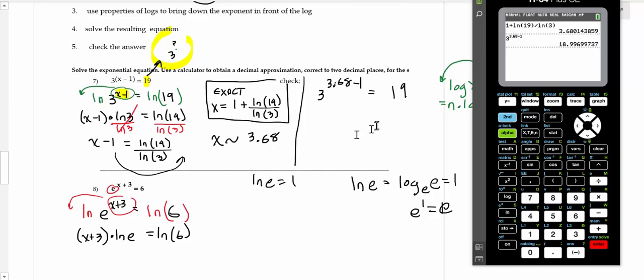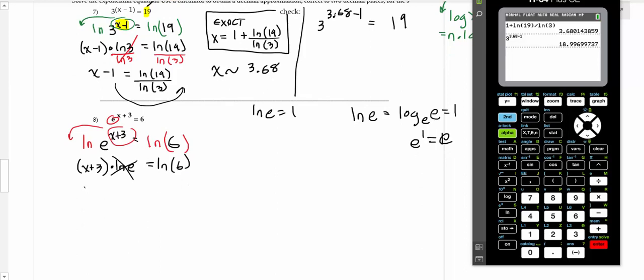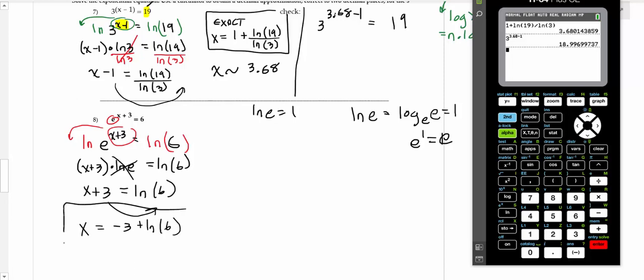You could even do it on your calculator. So I just ignored that because that's 1. So I get x plus 3 equals ln of 6. Then I can move the 3 to the other side to get x is negative 3 plus ln 6 as a final answer to the problem.